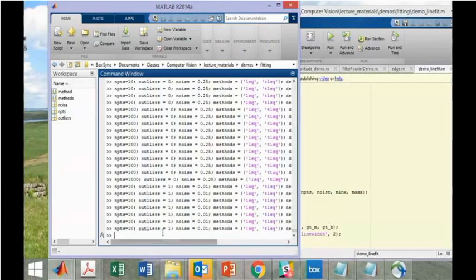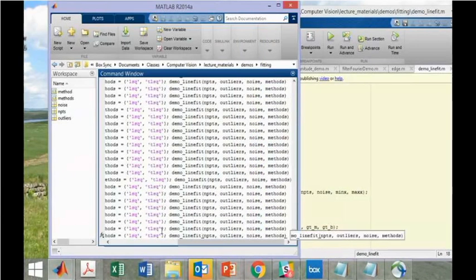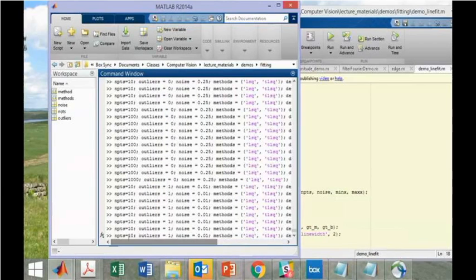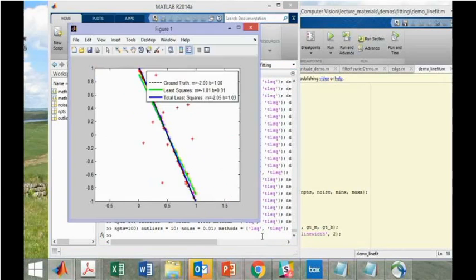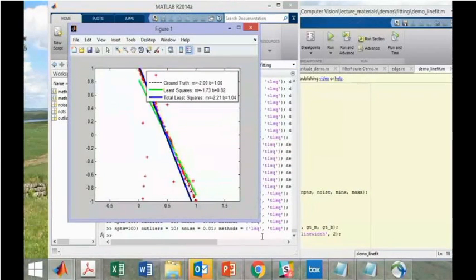Now, if I increase the number of points and I increase the number of outliers, so let's say I've got 100 points and 10 outliers, then these methods are still going to have significant problems. Actually, they're sort of doing okay, because here it got less lucky with the outliers. Most of them fell on one side.